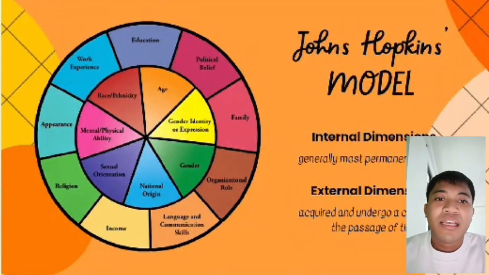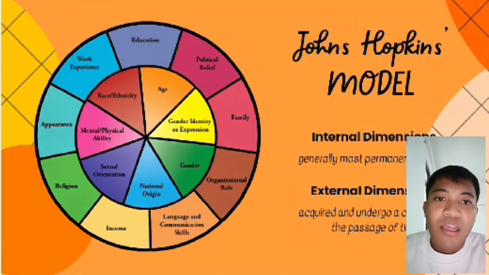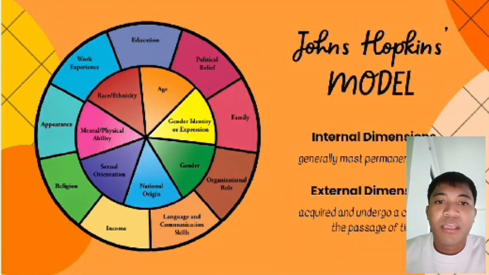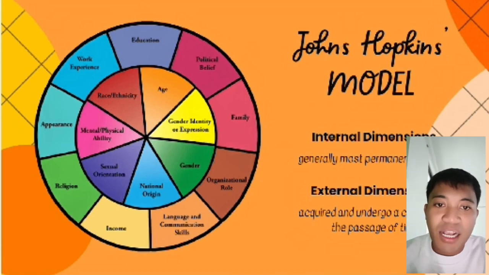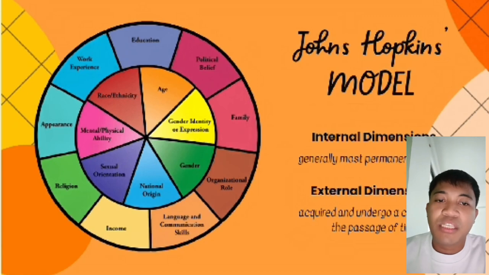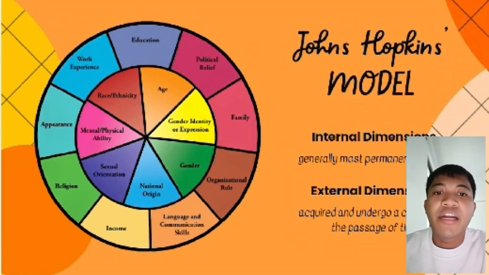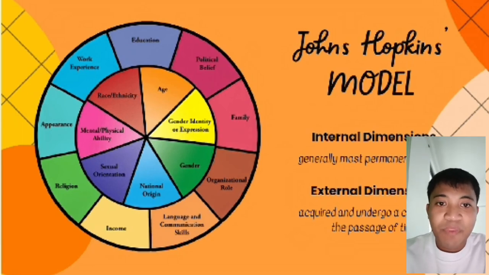Here we can see the Johns Hopkins model, which helps us understand the diversity among people. In this model, there are two dimensions, which are internal and external. Internal dimensions are things about us that don't really change much or are easy to see, for example, our age, our gender, our race, our ethnicity, and physical abilities.